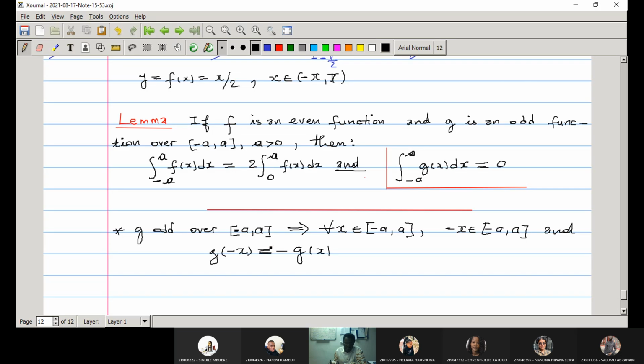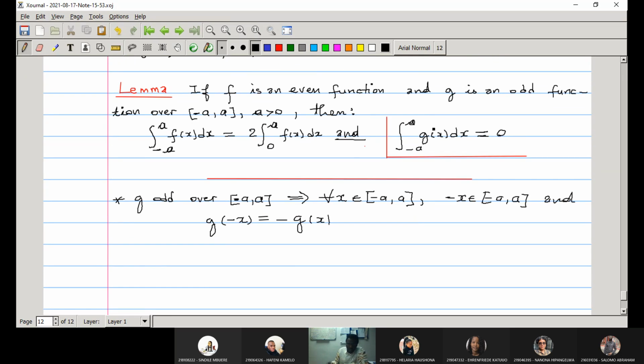This is the key, and this is what we'll be using. This is the definition.